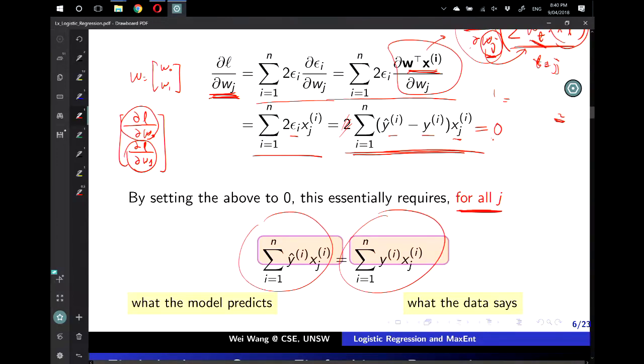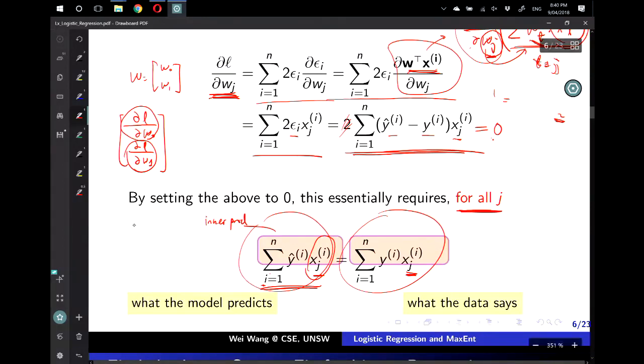If you think about the symbols, this is actually a column vector. Because i is the variable and j is the column index, I think in the next slides when we talk about examples, it's easier. But this is a column vector, and this is also a column vector. The only thing this summation is doing is an inner product. Whenever you see a summation of two things multiplied together, it reminds you of an inner product, right?